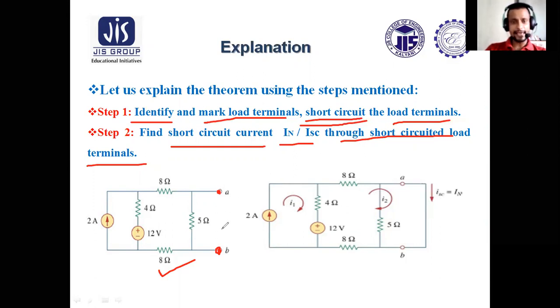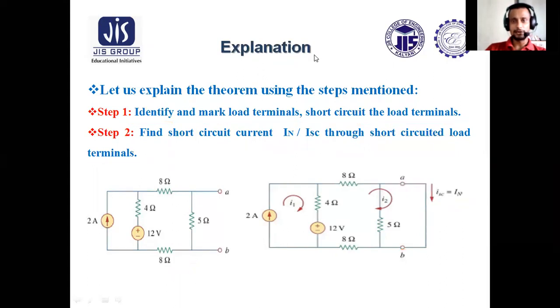Now, A and B terminals are load terminals. As per step 1, short circuit the load terminals. So load terminals are shorted. Whenever the load terminal is shorted, a current will start flowing through this path. That current will be Norton's current or short circuited current, ISC.